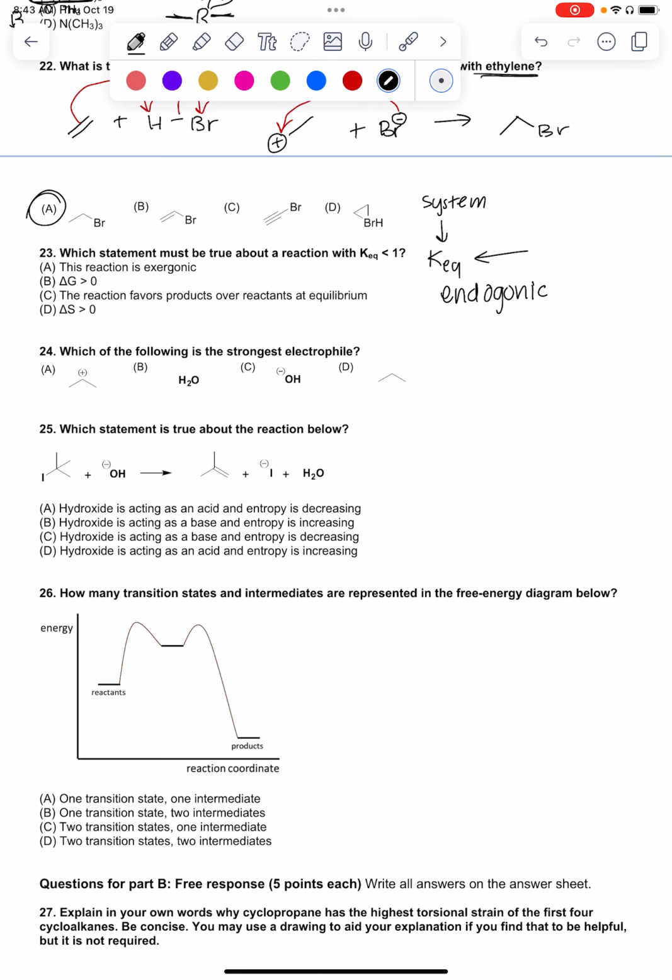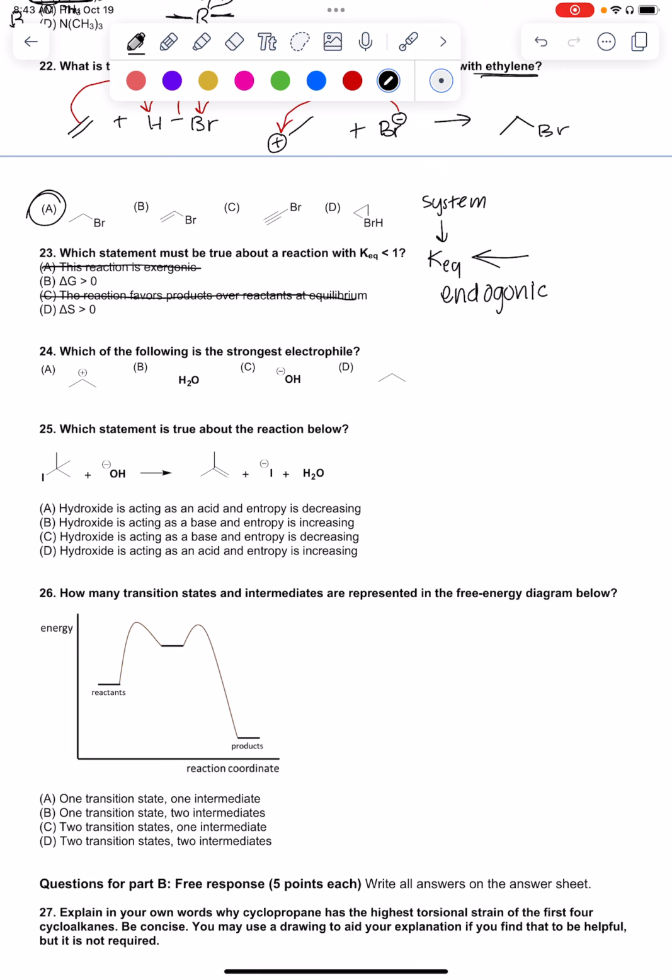So let's see what my answers say. This reaction is exergonic? Well, that ain't right. The reaction favors products over reactants at equilibrium? No, because the reaction is going to move to the left as well. The reaction is going to go in the same direction as my arrow is going. So that's not right.